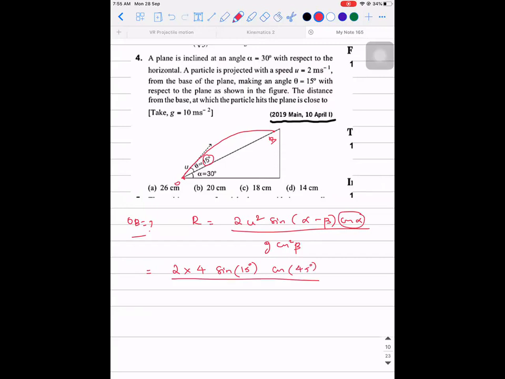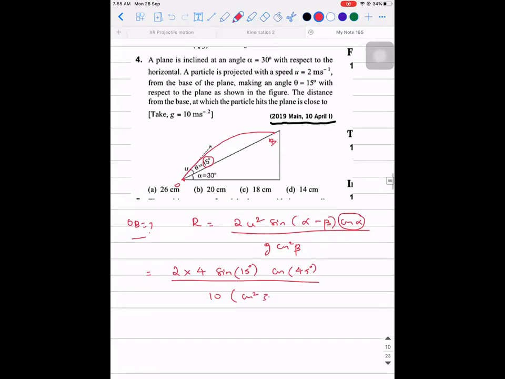The whole divided by g is 10 into cos square, what is the value of beta, guys? 30. So I hope you can solve this and find out the answer. You will get an approximate value because it's close to, means they're asking you the approximate value. Okay. So with the hope that you can solve this, I'm going to the next part.